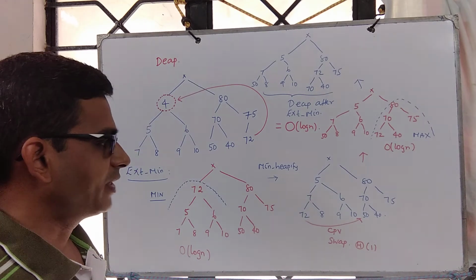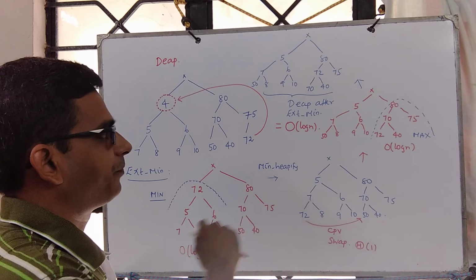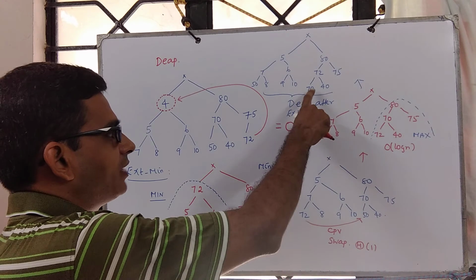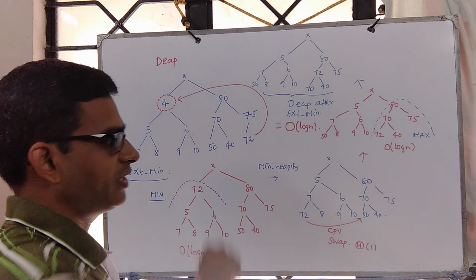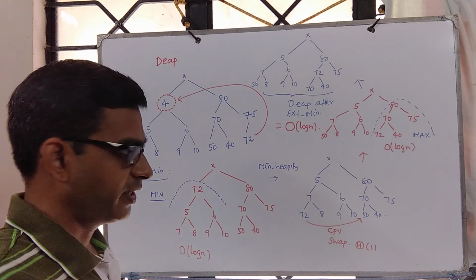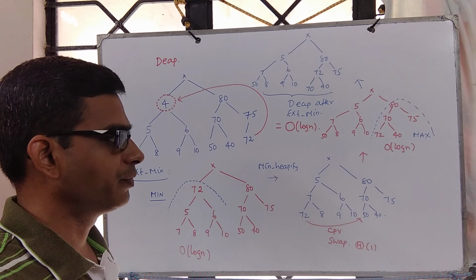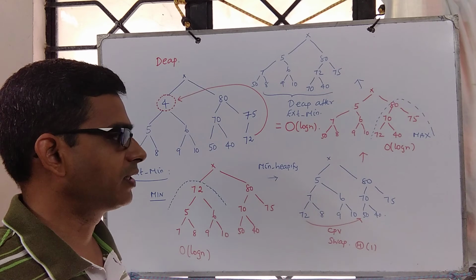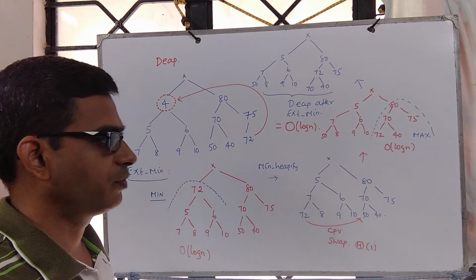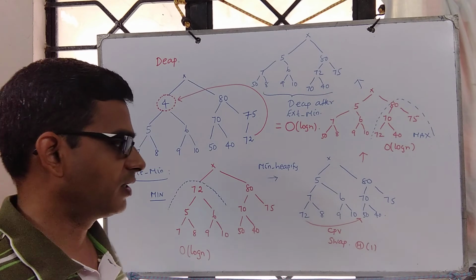There are a couple of interesting questions. Will this get into a loop? Meaning at this point in time, do we need to check the correspondence property again? And will there be a violation? And subsequently, do we again get into min max? And at the end of it, again do we need to check the correspondence property followed by min heap and so on? Interestingly, that is not required.